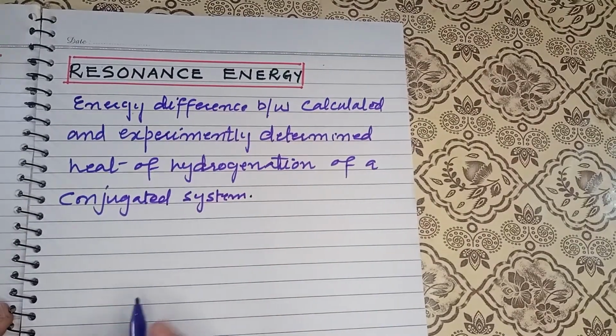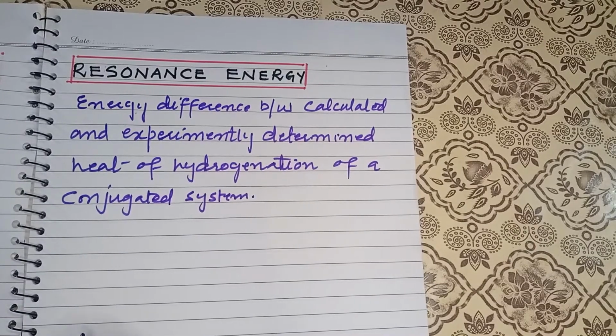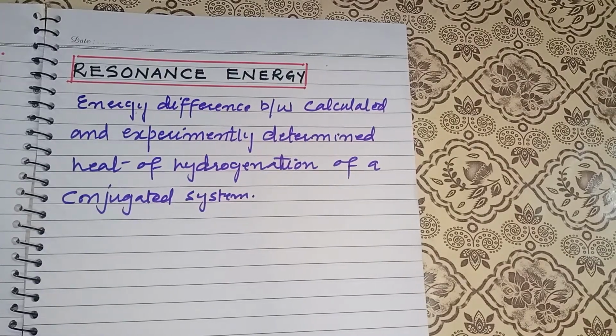Right, students? It means resonance energy is the measurement of how much more stable the actual structure of a compound is than its extreme resonance structure. So how can we determine resonance energy?